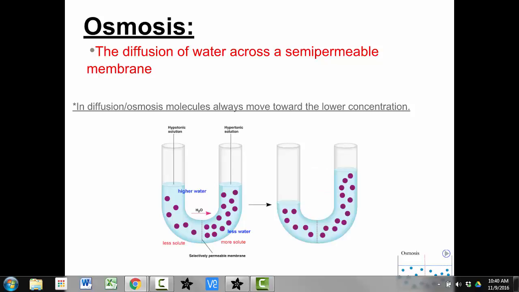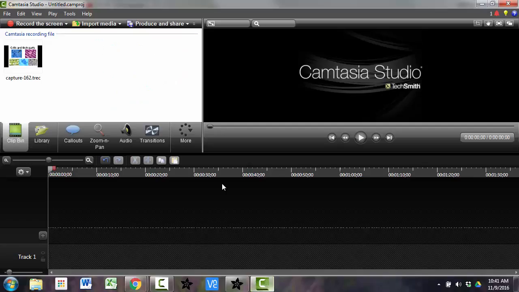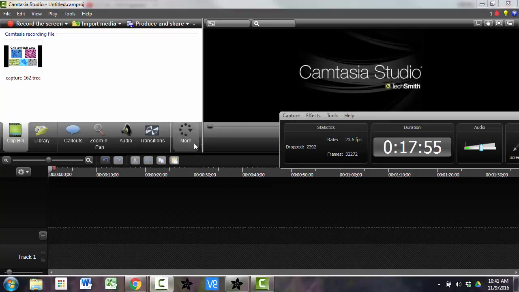Yeah, and it does. The water level on this side will go up. It rises up that tube. Okay? Because water molecules are going from a higher concentration to a lower concentration. That's what we call osmosis. All right, any questions about that?